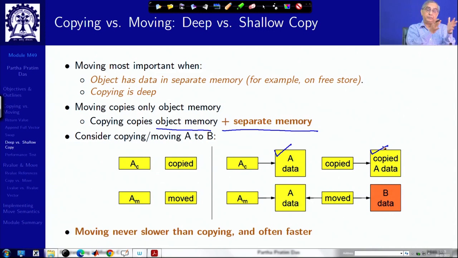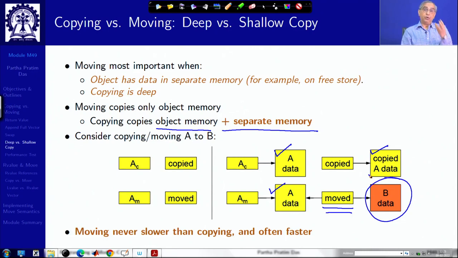So, you copy the pointed objects as well, whereas in a move, I will have A's data, the object memory, but I will not have a copy of A's data, I will use the source's data itself. I will not create that separate memory again, I just take that memory. So, move obviously invalidates the source, which copy does not, right.